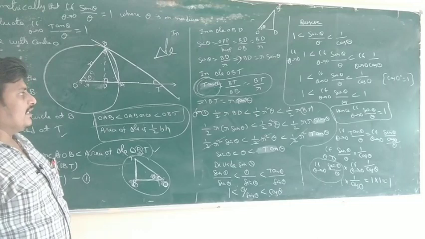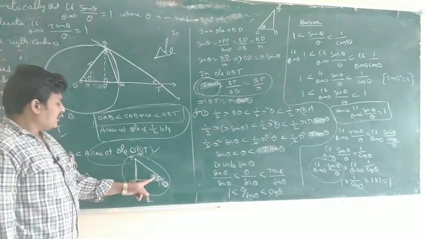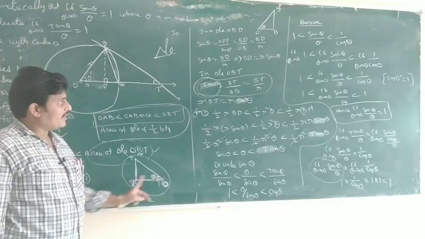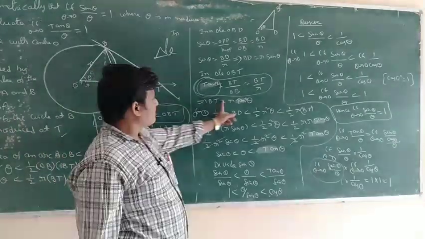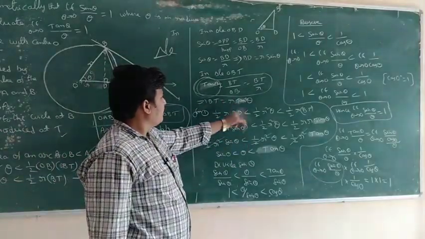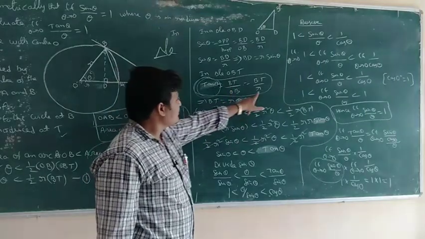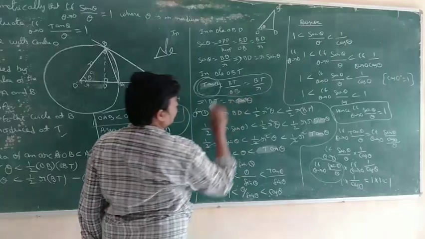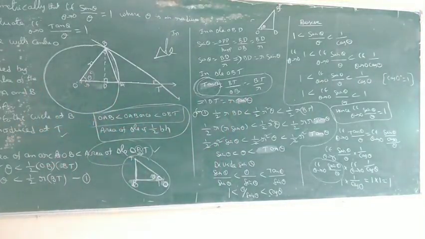That's why we use tan theta. Tan theta is opposite side by adjacent side, BT by OB. OB is equal to R. So BT is equal to R into tan theta. So we get the BD value and the BT value.